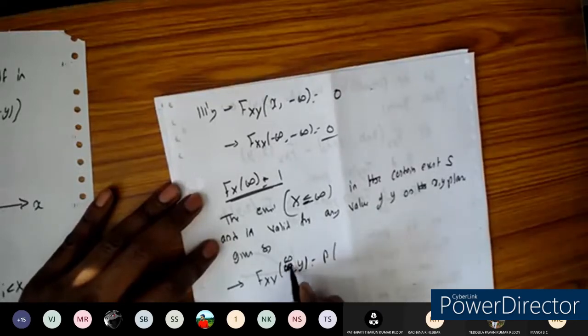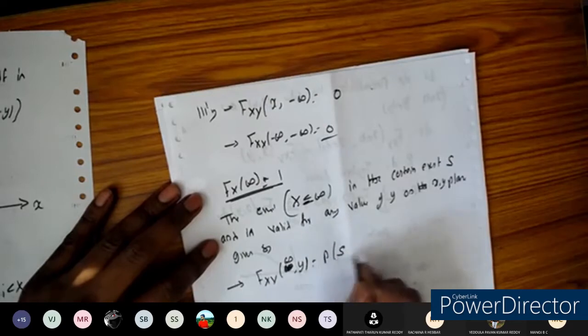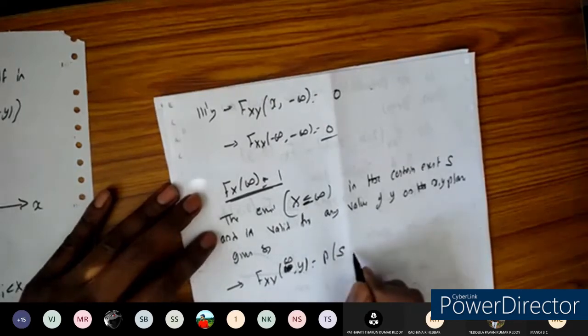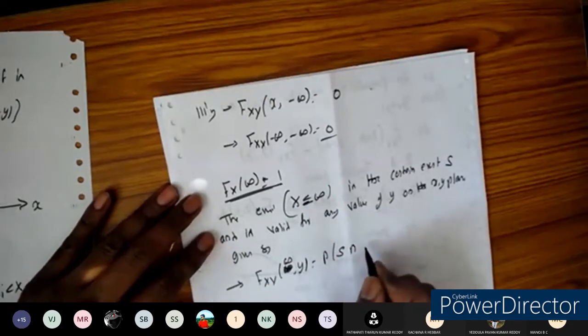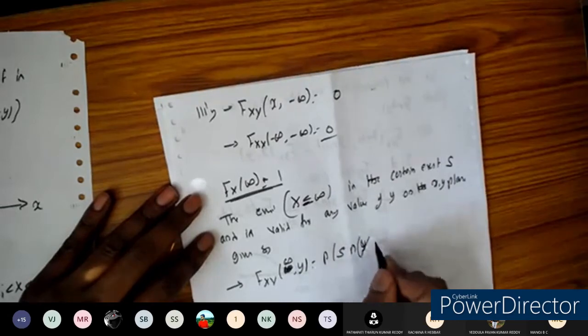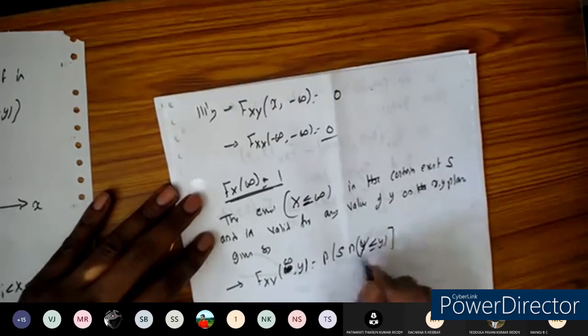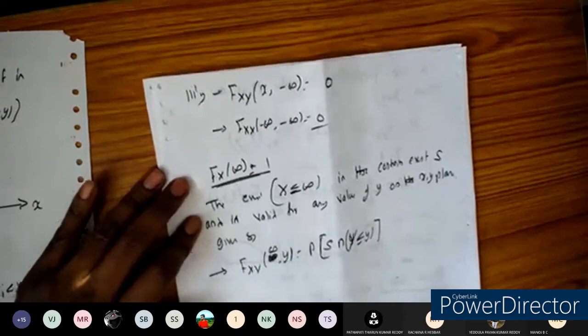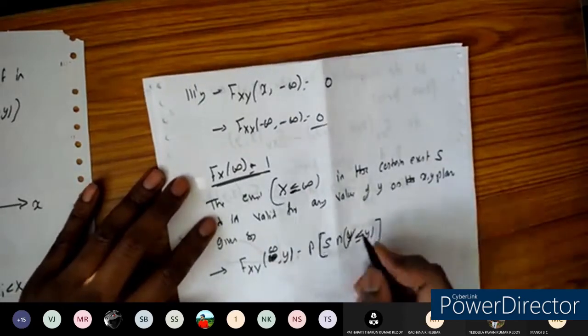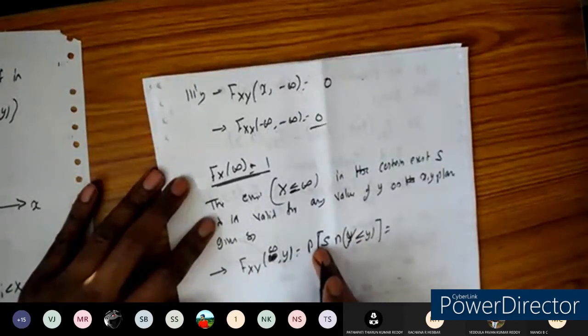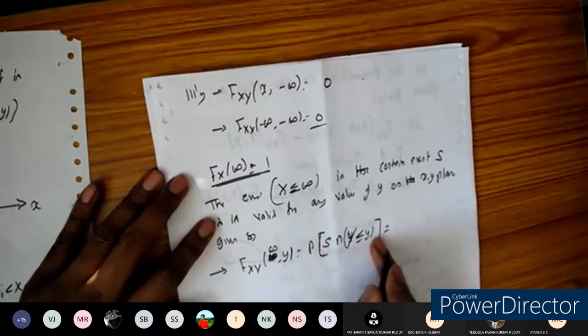At infinity all the events are possible, so you can call it a sure event, or the sample space. So the sample space intersection with Y less than or equal to y gives just Y less than or equal to y.